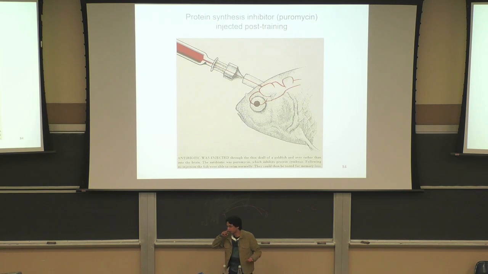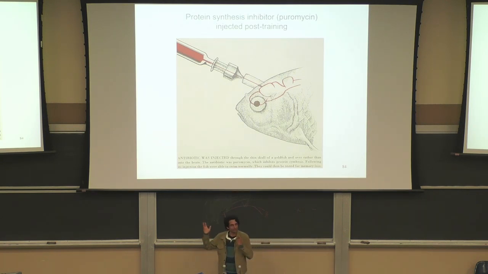So the fish was able to have early, immediate learning without protein synthesis, and it did as well as the other fish. But then the next day, this fish with protein synthesis blocked during the training or shortly after the training didn't remember how to do the task.